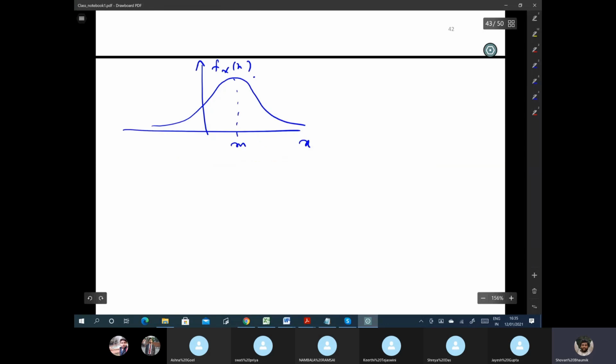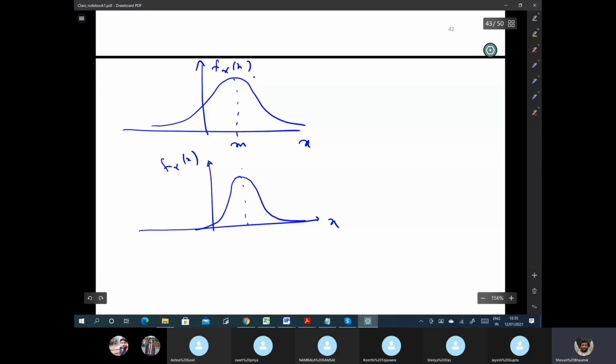Now if you get another Gaussian distribution curve where fx of x is similar, the mean is the same, but it is very sharp. That means here m.